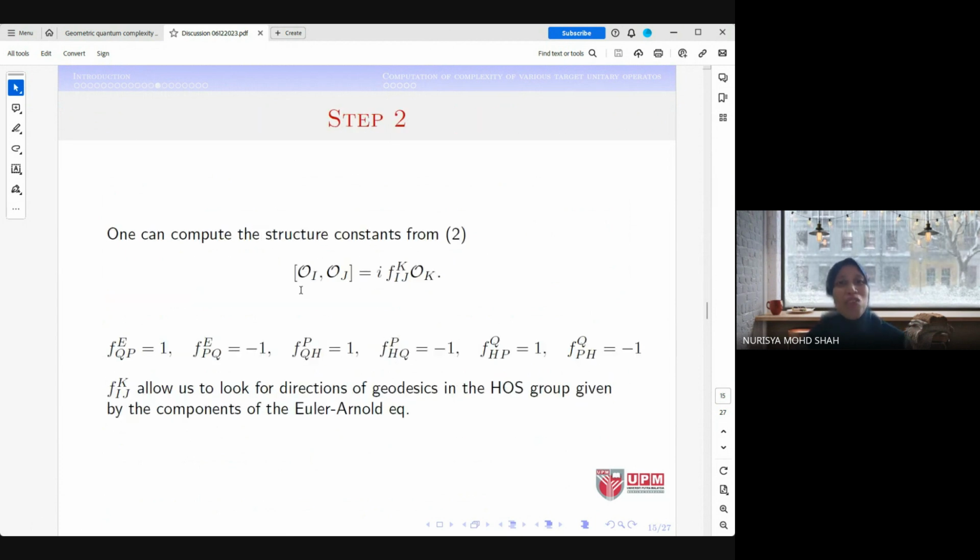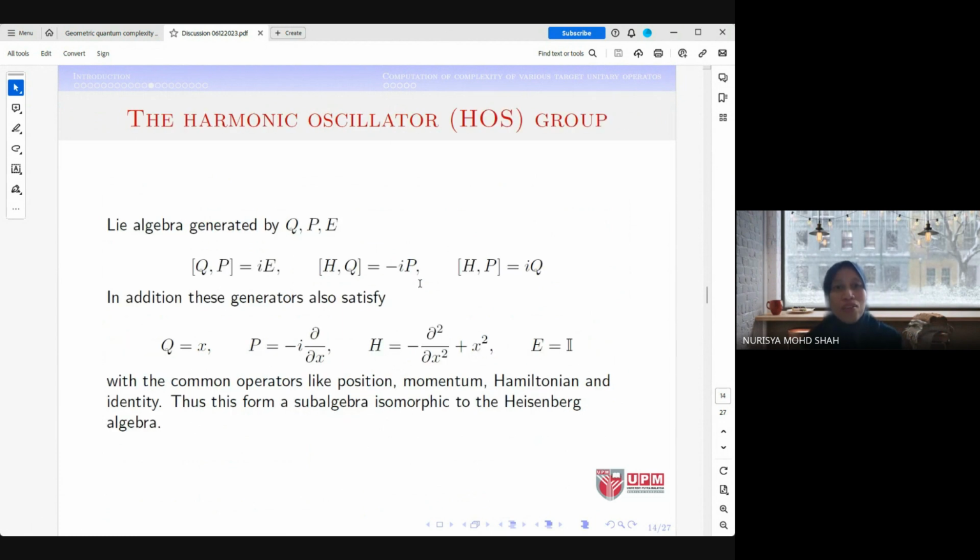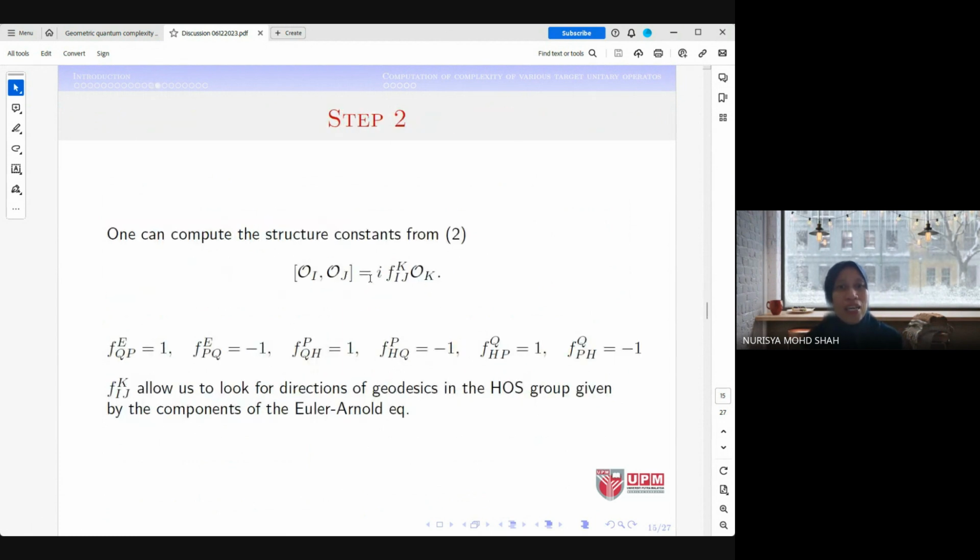Then we go to step 2. You can compute the structure constants from 2. So from here, you can find the structure constant is given by the following. Okay. So this structure constant allows you to look for directions of geodesics in the HOS group given by the components of the Euler-Arnold equations. So HOS is the word I denote for harmonic oscillator. Okay.